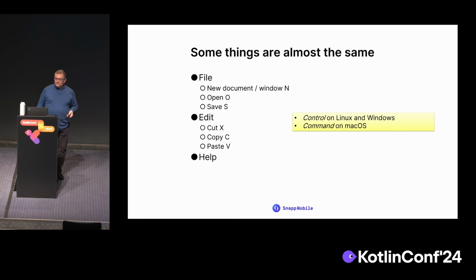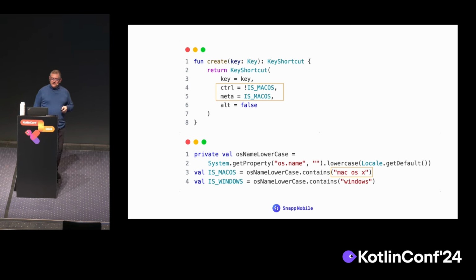Now, the only difference is that on Windows and Linux, for many menu functions, you would be hitting the control key in combination with a letter, for example, control S to save a file, whereas on the Mac, it would be the command key. That's why I encourage you to have a little helper function, which basically does something like this.